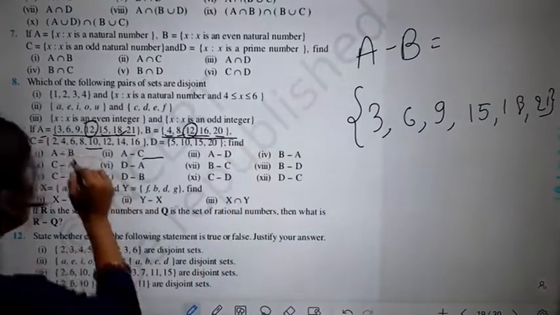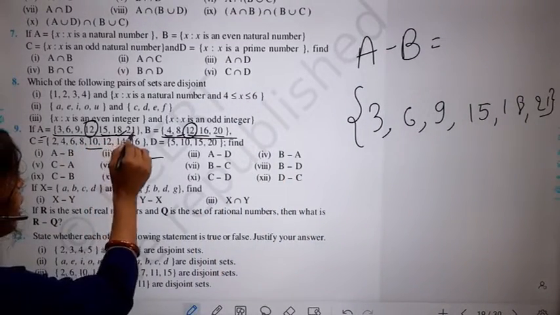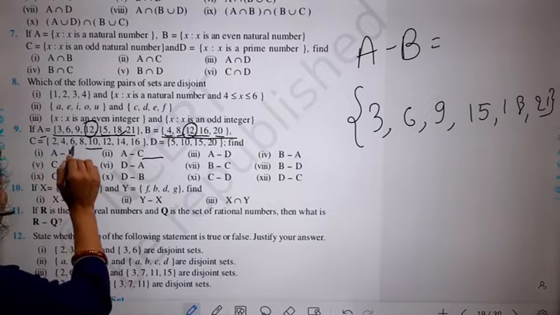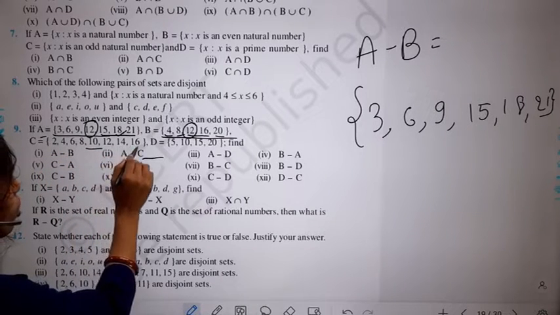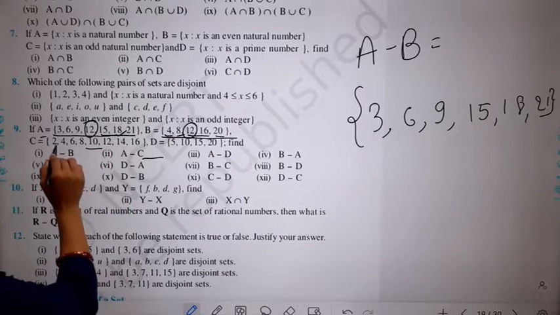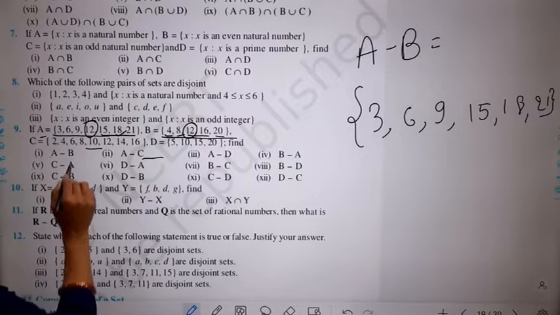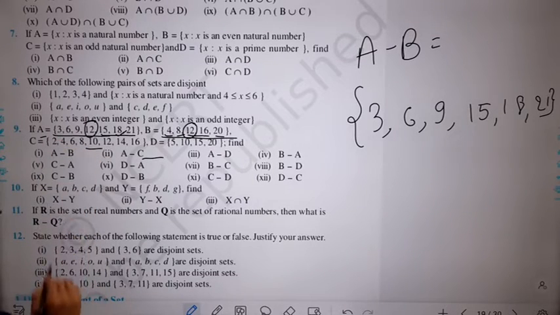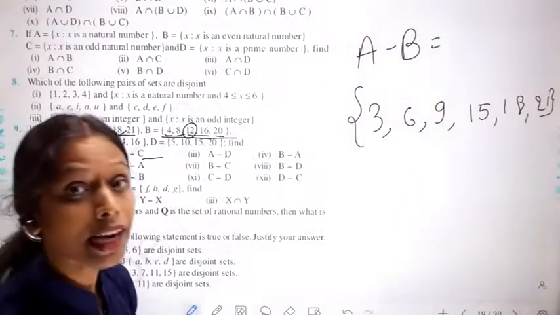Let us suppose A is 3, 6, 9, 12, 15, 18, 21 and C has 2, 4, 6, 8, 10, 12, 14 and 16. Then first you see which elements we have to subtract, that are in C.